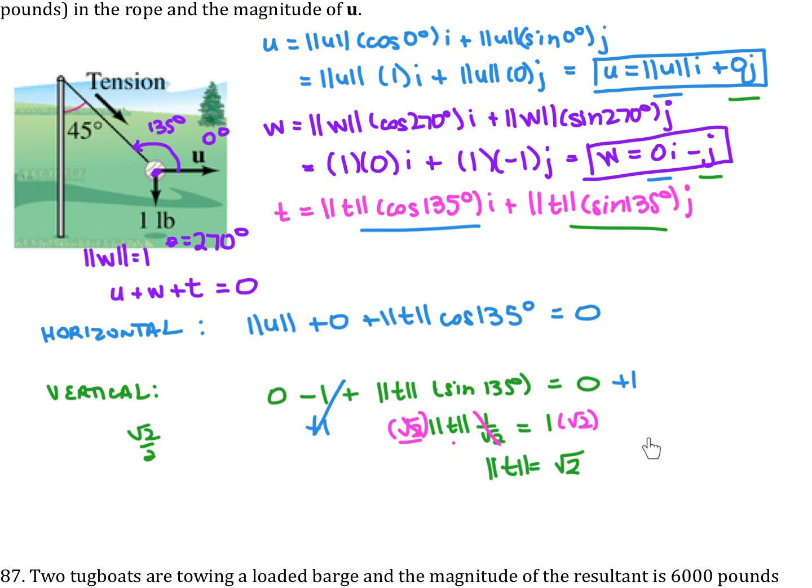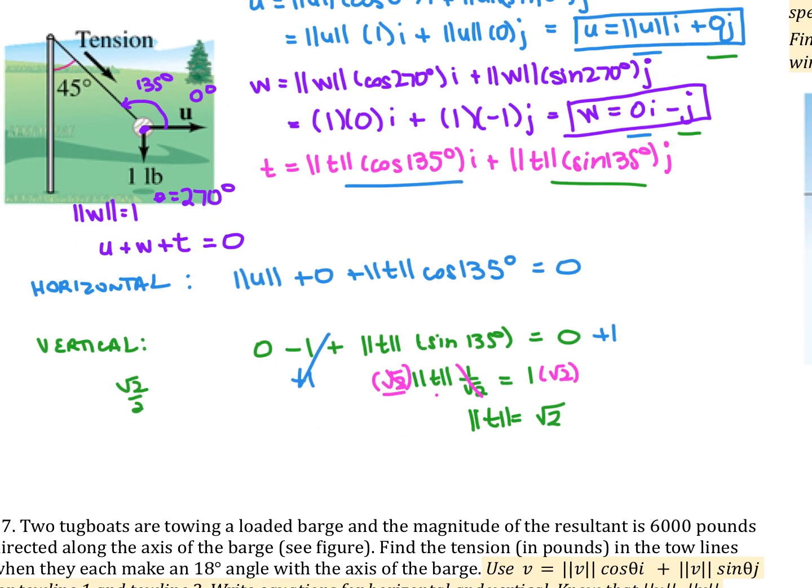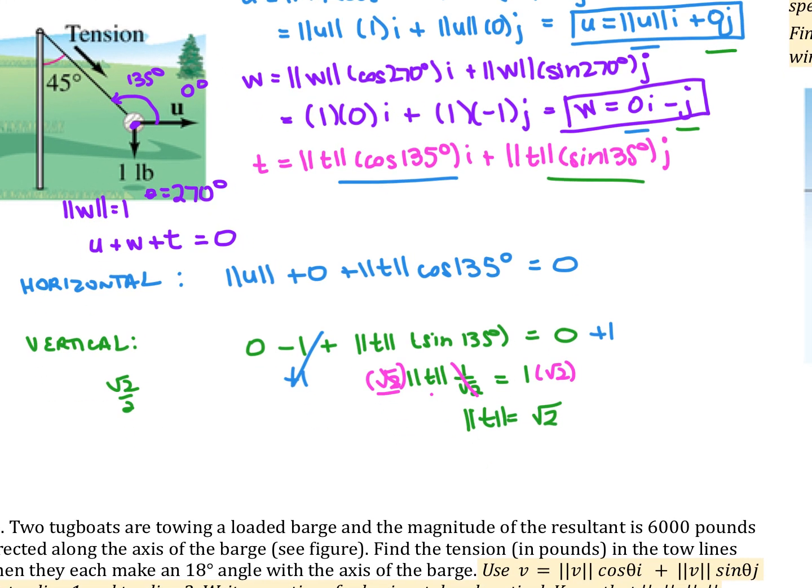Now we can plug this T into our horizontal equation in order to get U. We have the magnitude of U, plus we know T is square root of 2, times cosine of 135, which is negative square root of 2 over 2. I'm going to multiply, and that's going to equal 0.